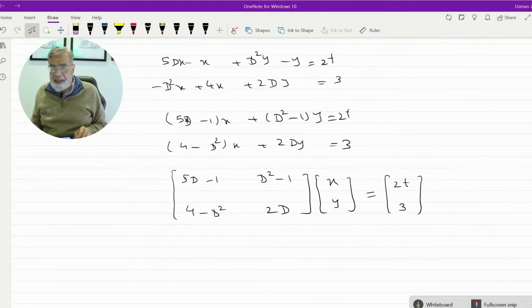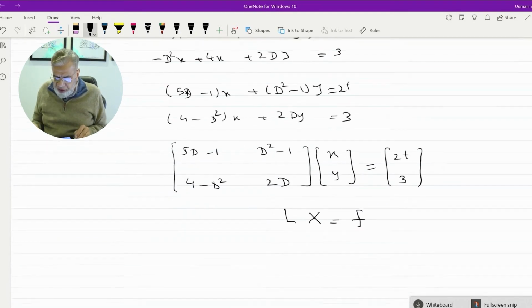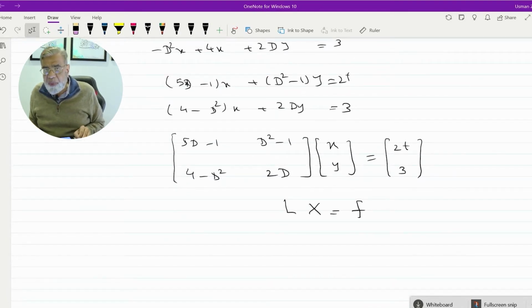So this, as I explained before, is a non-homogeneous differential equation. We can write Lx is equal to f, a function of t. What is L? L is my differential operator in matrix form, x is the matrix of unknowns, and f is the matrix of constants, or terms depending upon the independent variable, or some constant. So this is the idea we are having here.